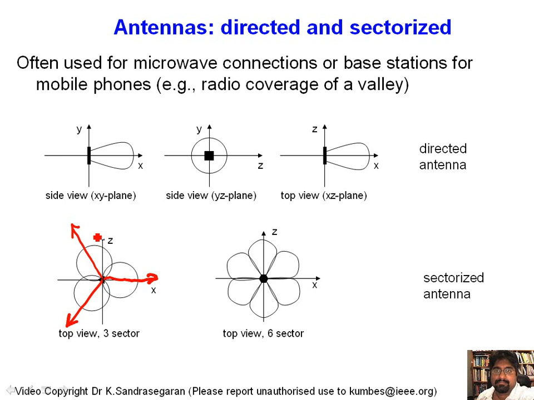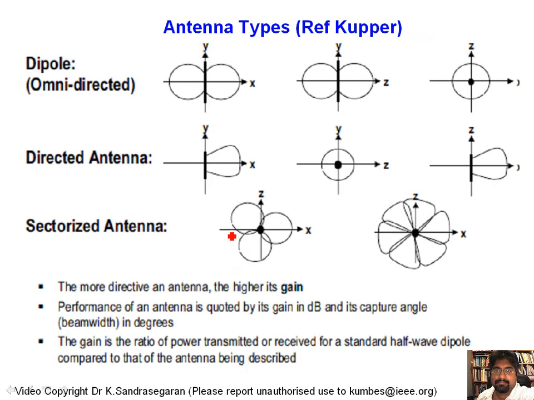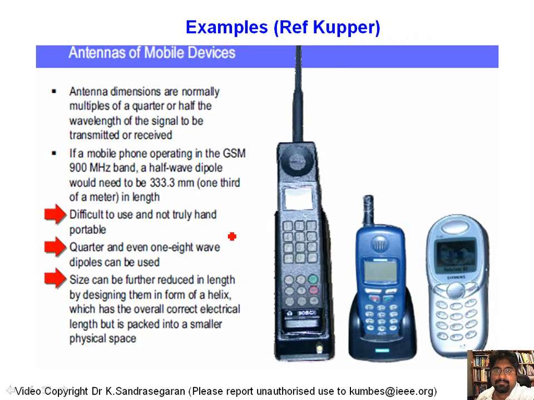So you can get much higher gains using directed antennas that have been placed at 120, or in this case here, in the second case here, you've got 6 antennas that have been placed in such a way so that you can get an omnidirectional coverage but with a higher gain. So these are referred to as sectorized antennas.